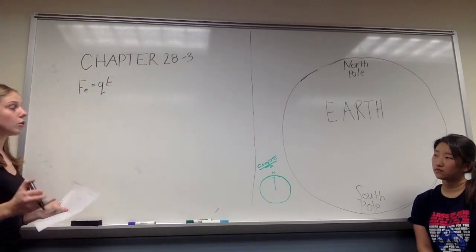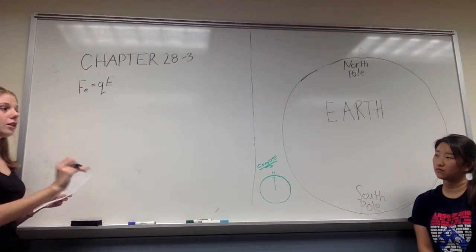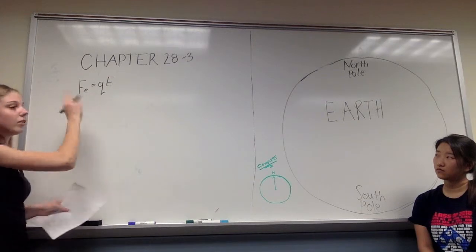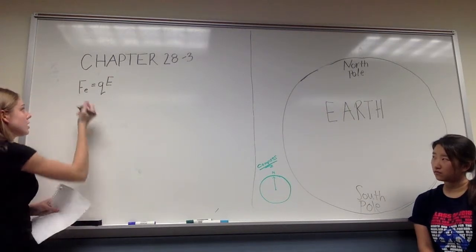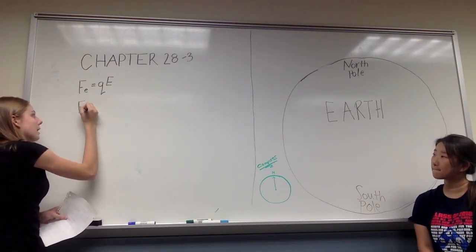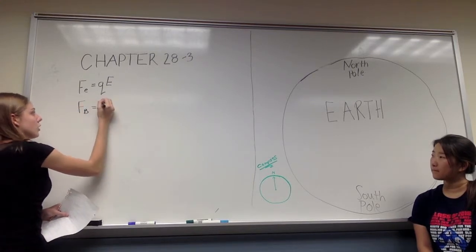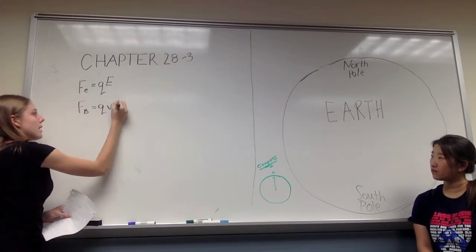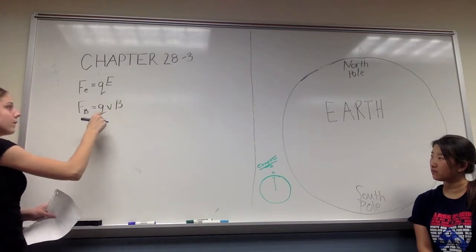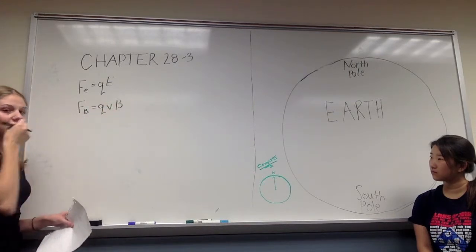So what we actually have to do is shoot an electron through the field to determine the force. So there's going to be a velocity of an electron added onto this. So the force magnetic equals QVB, where V and B are perpendicular.